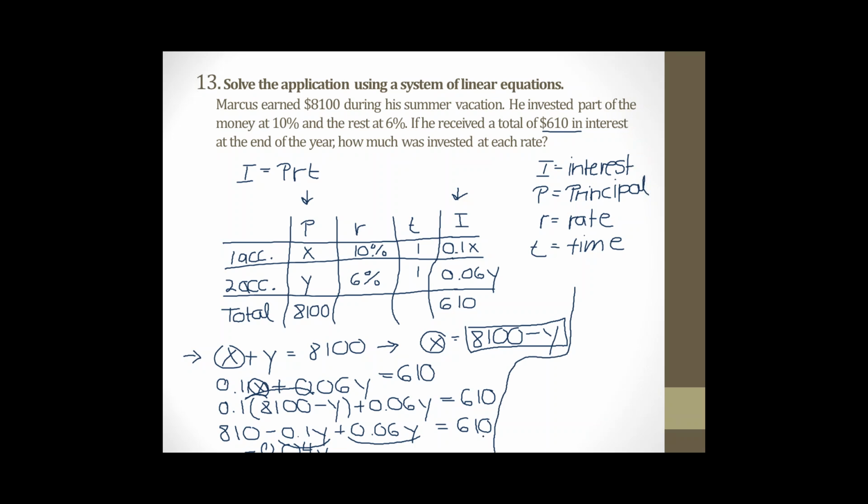Let me go over here because this is becoming kind of blurry. So I still have my 810. Then combining these two together gave me negative 0.04y, and that is equal to 610. Remember, we're solving for y, so subtract 810 from both sides. And we are left with negative 0.04y, which is equal to negative 200.